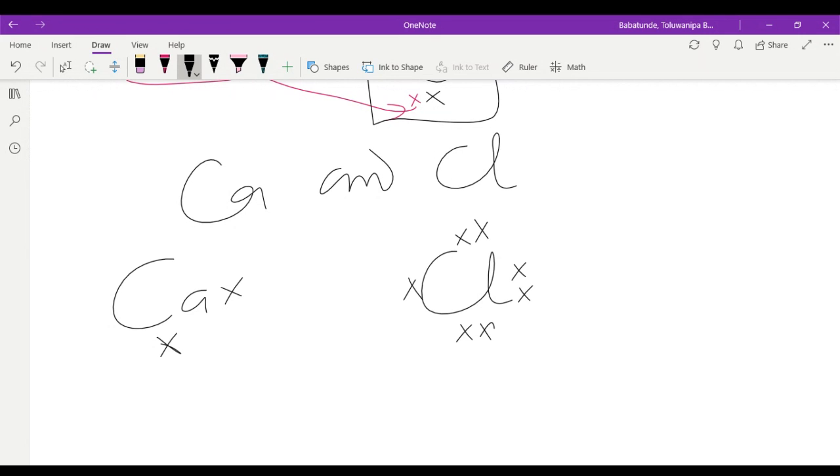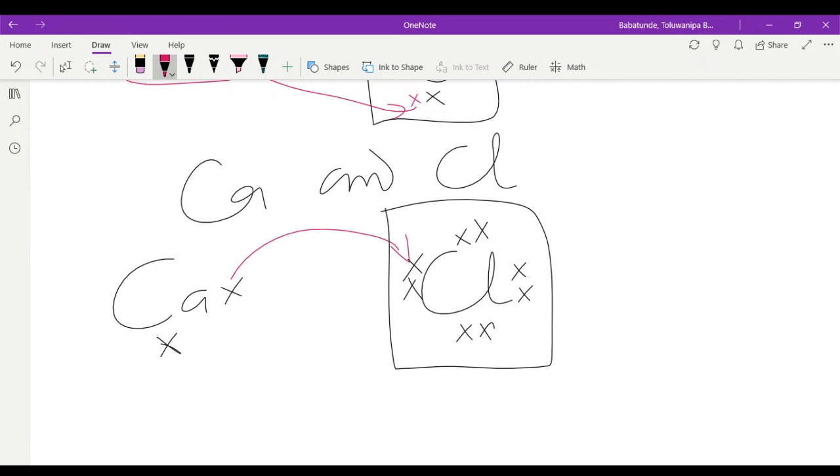So 1 electron will be transferred from calcium to chlorine here. So now chlorine is happy because it has 8 valence electrons. However, our calcium has to lose 1.